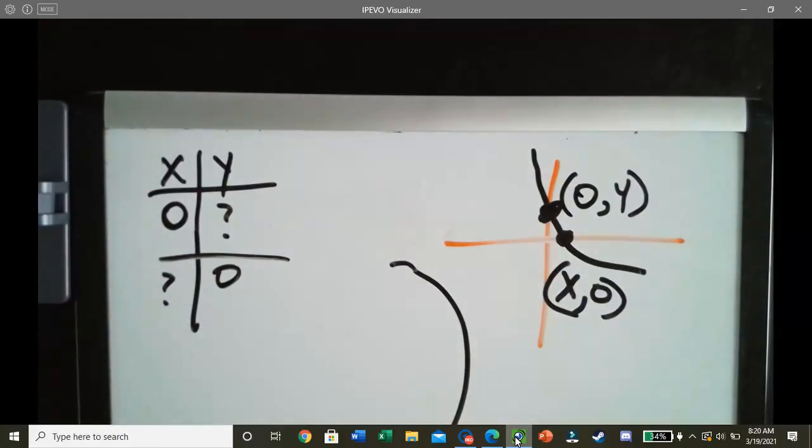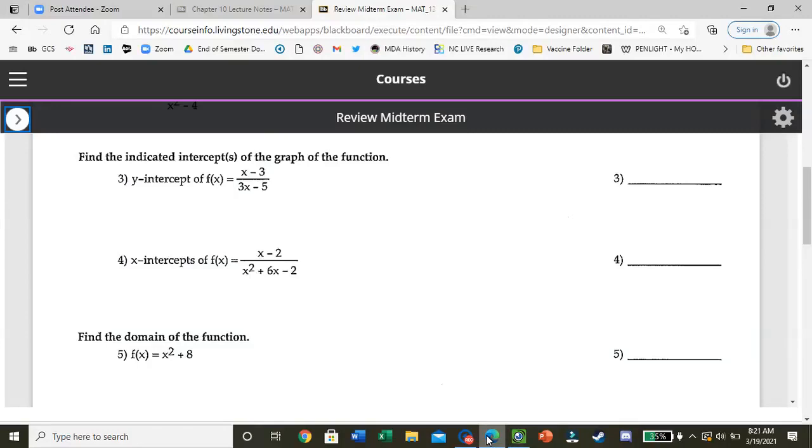Whether it's linear, whether it's a parabola, whether in this case a rational function, or a radical, it's the same with all of them. Okay? So in this case, we want to find the y-intercept.